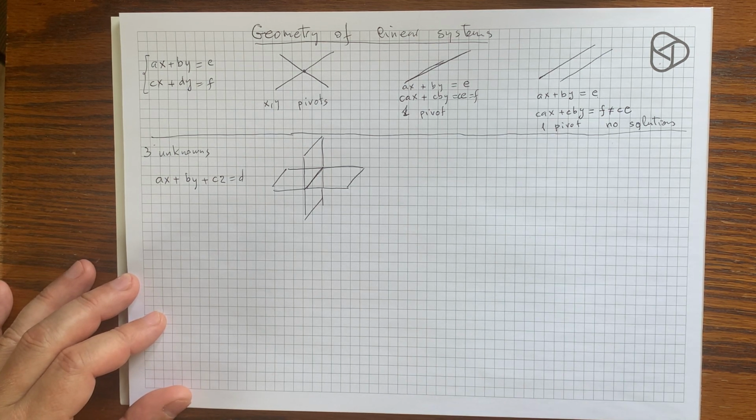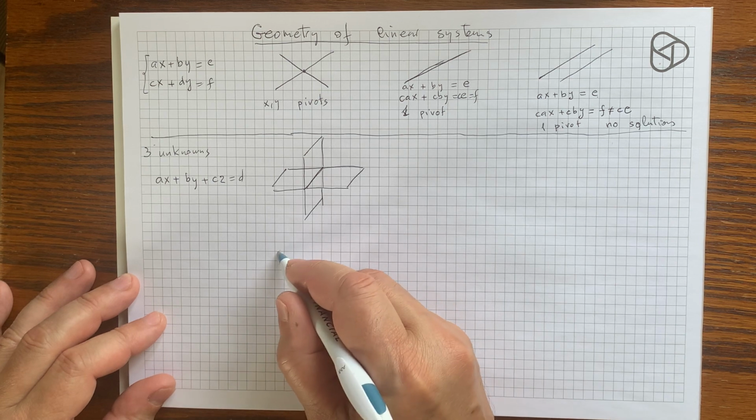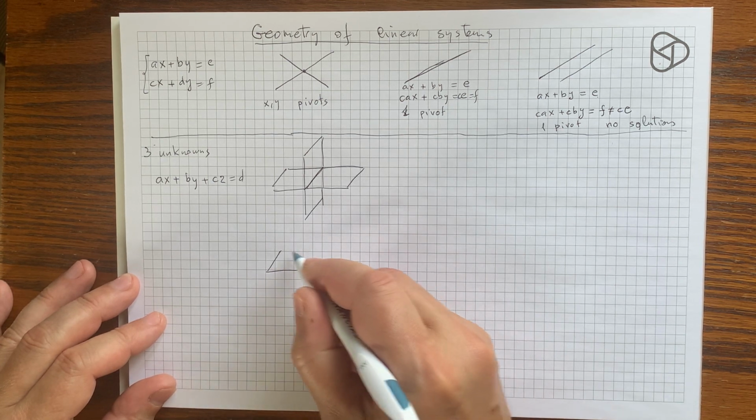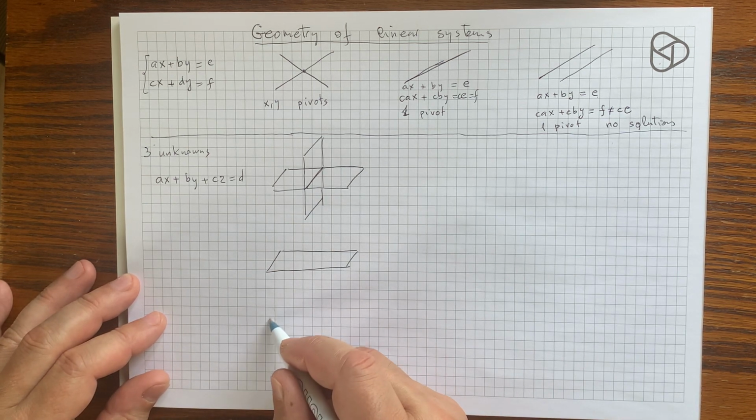We still have the possibility of degenerate cases when these two planes are actually the same, or when these two planes are parallel.